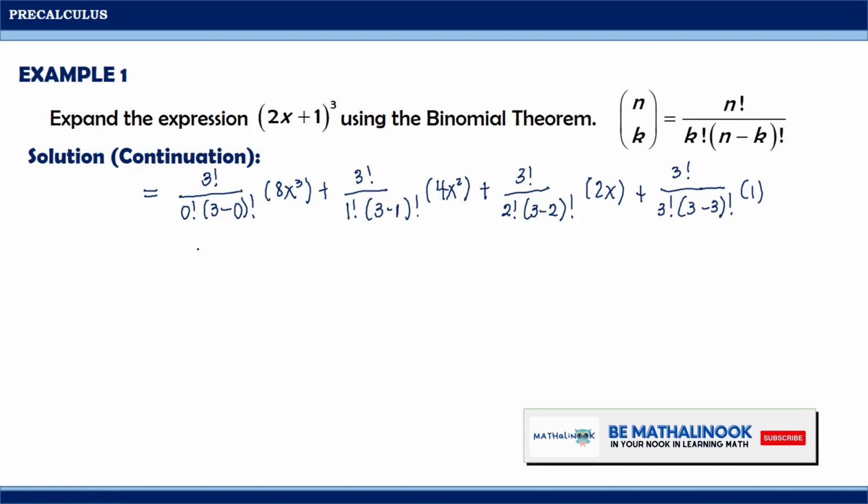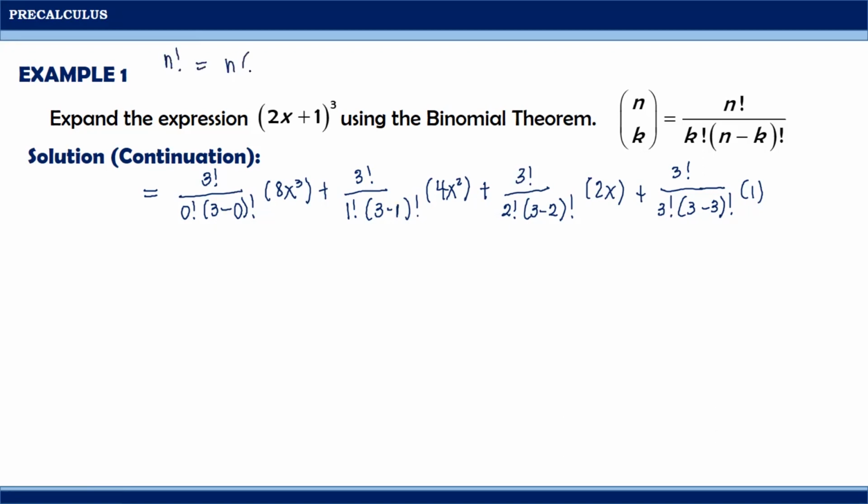From here, we need to evaluate these factorial notations. Recall that n factorial is actually equal to n times n minus 1 times n minus 2, and so on and so forth, times 3 times 2 times 1. Therefore, it is a repeating multiplication from the given number n down to 3, 2, and 1.